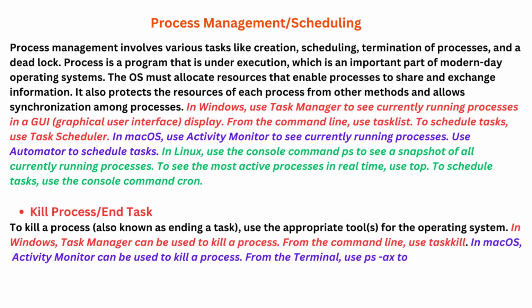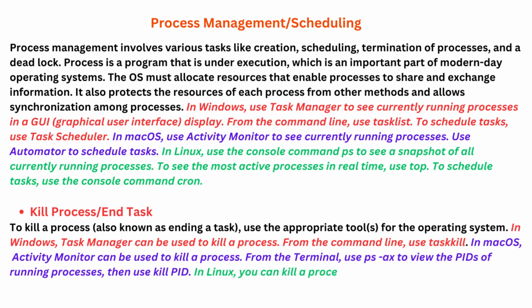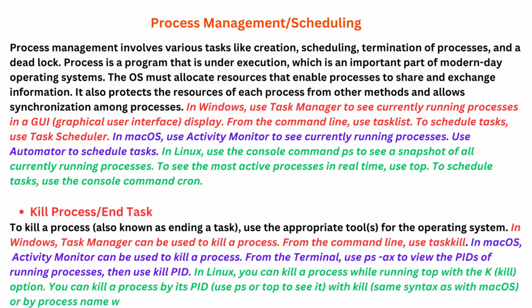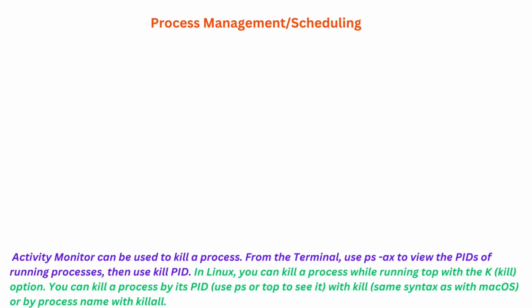From the terminal, use ps ax to view the PIDs of running processes, then use kill PID. In Linux, you can kill a process while running top with the kill option. You can kill a process by its PID, use ps or top to see it, with kill, same syntax as with macOS, or by process name with killall.